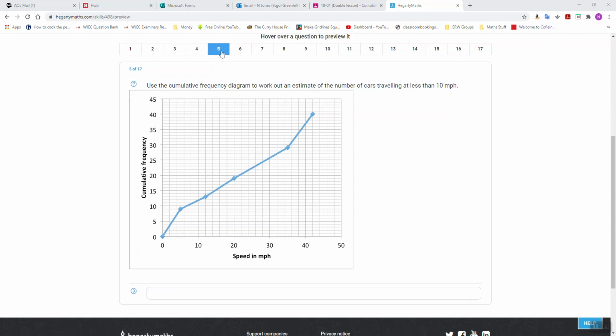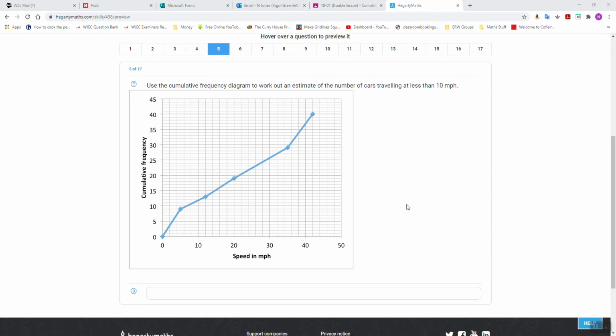Use the cumulative frequency diagram to work out an estimate of the number of cars traveling at less than 10 miles an hour. So now we're going to use the graph in the opposite direction. Rather than working with the number of data items, we're taking the context to find out the corresponding number of data items.